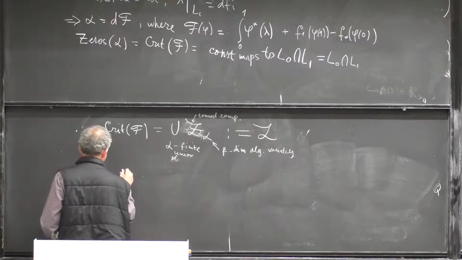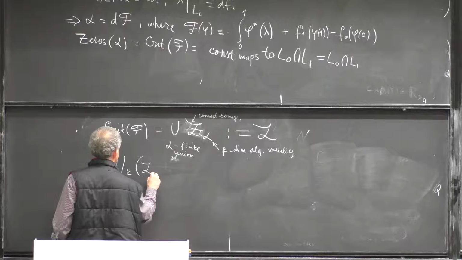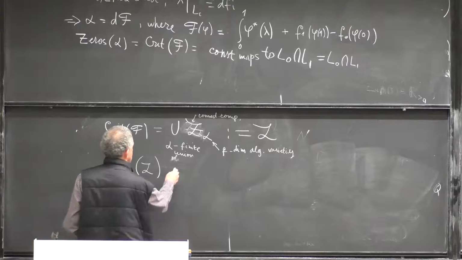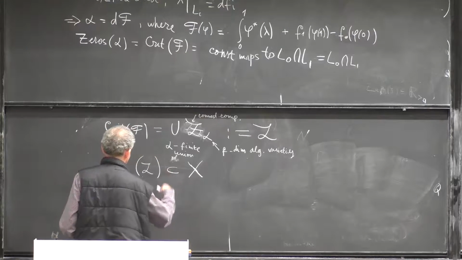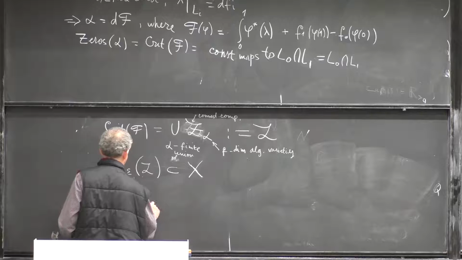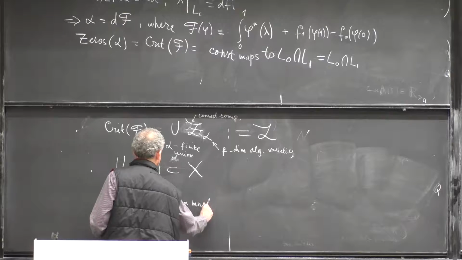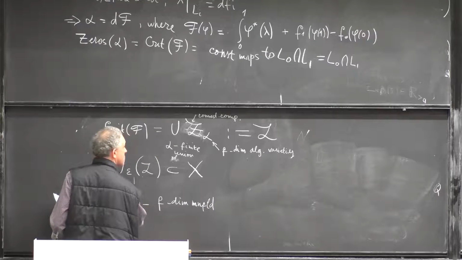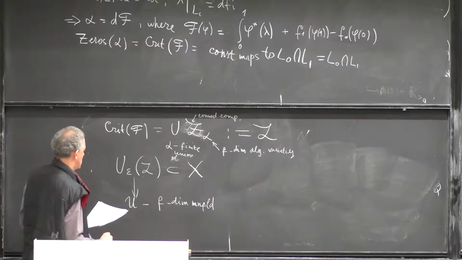And let's assume that there exists some epsilon neighborhood of this set in the infinite dimensional space, and a projection to something finite dimensional, this finite dimensional manifold. Or maybe I should denote it by U, in agreement with what was before.